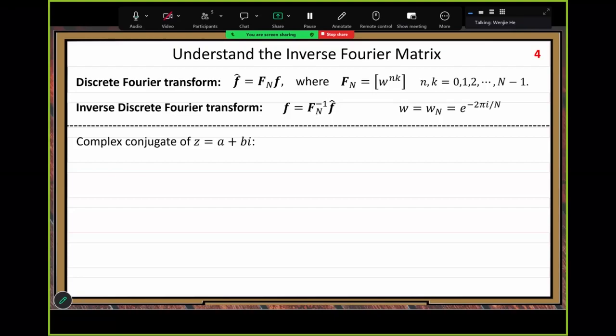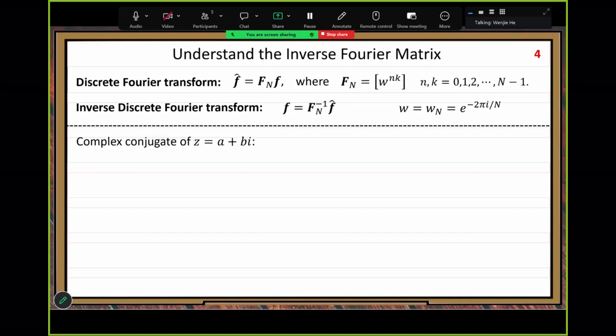The typical structure of a complex number has two parts, the real part and the imaginary part. Little a is a real number, the real part, plus b, another real number, times little i, a root of -1. This is the general complex number.